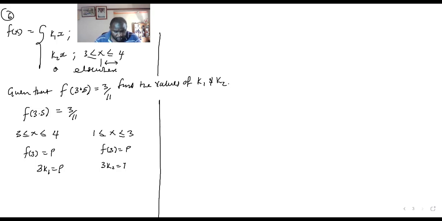And when we have the value of K2, we use the 3 to find f of 3, then we find the value of k1 by equating it to that function of f of 3. Then we shall get the answer.